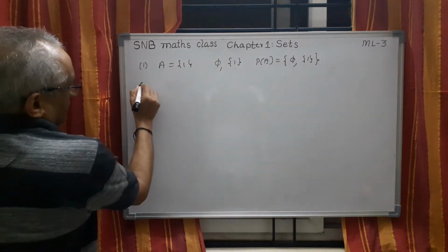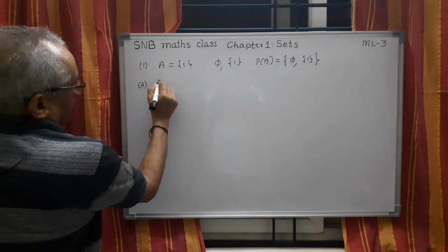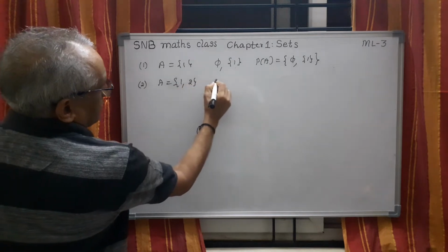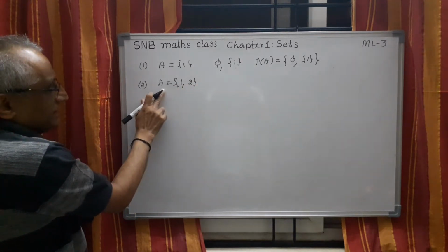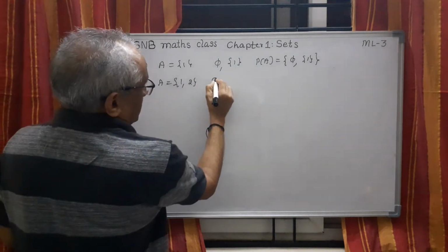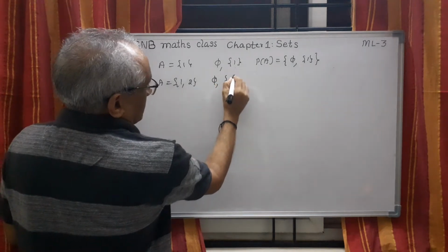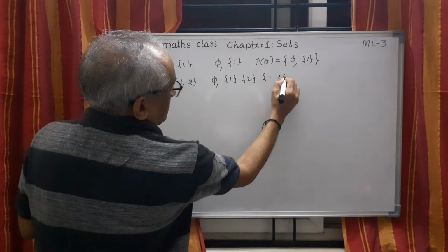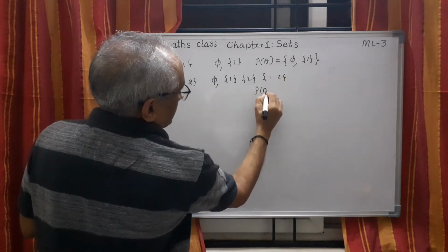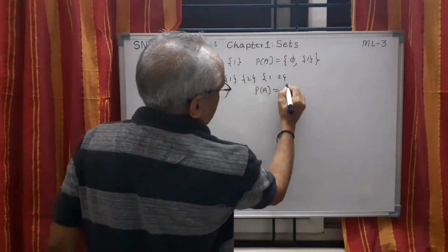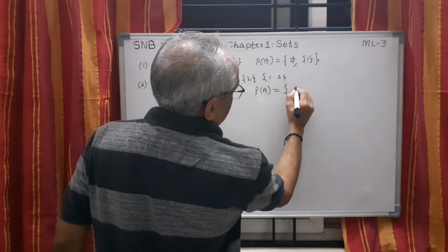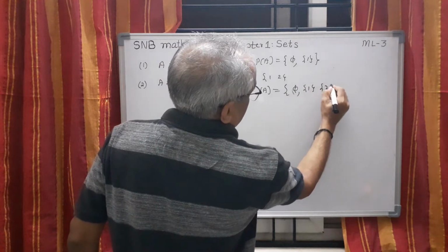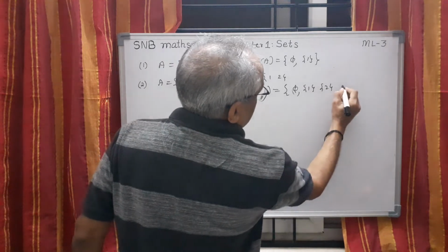Let me take A equal to {1, 2}. Then the subsets of this A are phi, then {1}, then {2}, then {1, 2}. Therefore, power set of A will be equal to {phi, {1}, {2}, {1, 2}}, with the singleton sets these two, then {1, 2}.